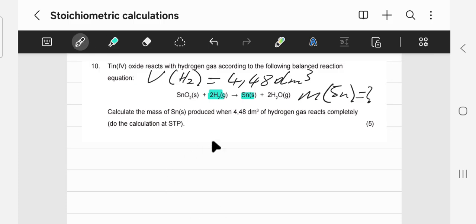Now you can tell that given that they are saying we must do the calculation at STP, we should be making use of the formula n is equal to V over Vm. But what is this formula going to help us with in this case? This formula guys is going to help us find the number of moles of hydrogen gas. Why? Because we are given the volume of hydrogen, and that means we can substitute that V here, and we are also given our Vm.